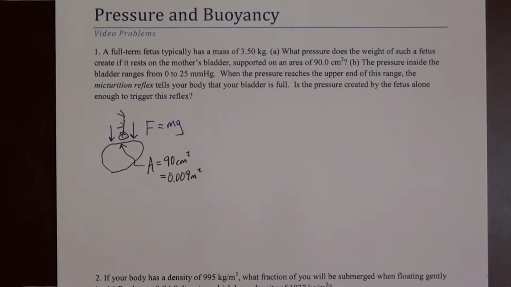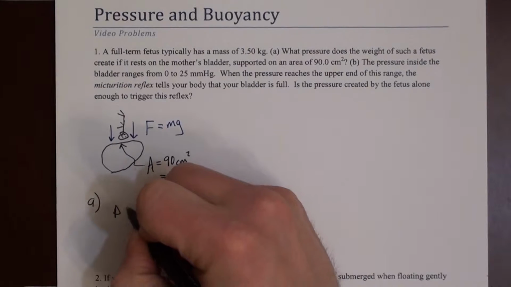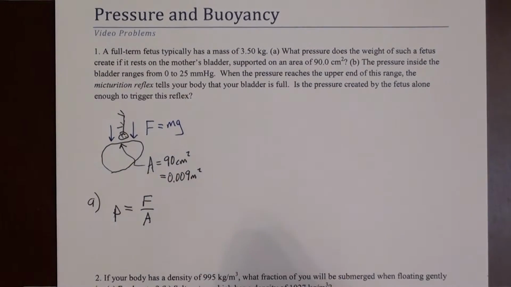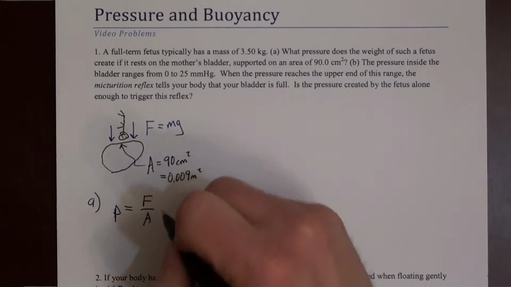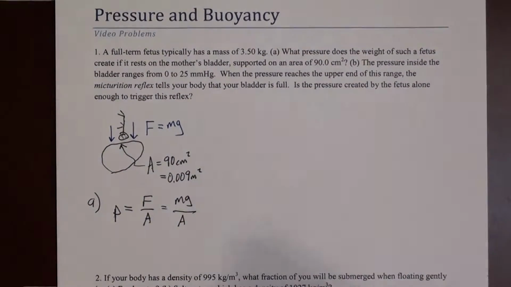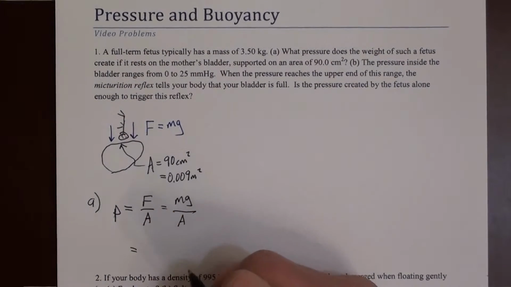Okay, so to answer question A, I'm asking what is the pressure? So pressure is simply the force spread over some area, right? Force over area. The force again is mg, and area is something I have. So let me plug in the numbers here.